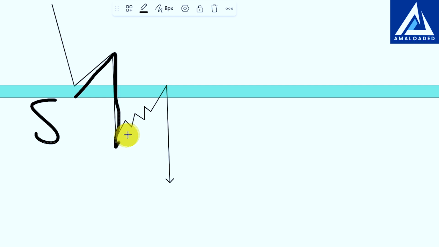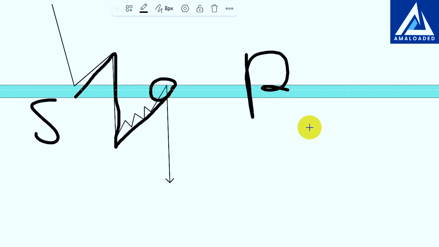Then the buyers pushed the price action to the upper side again to retest the broken support, now turned to resistance. And this resistance zone is our area of value or point of interest where we want to take possible sell opportunity. What happened? The sellers sold down the price action.